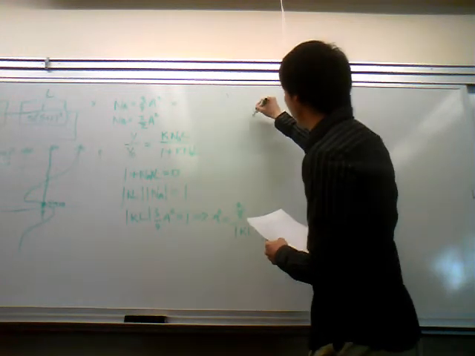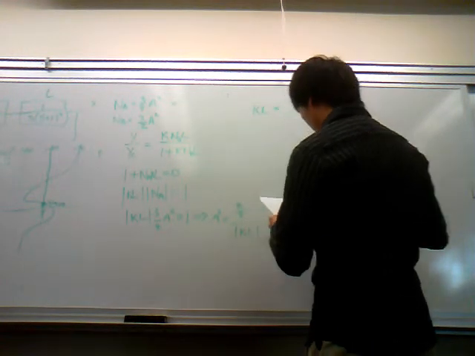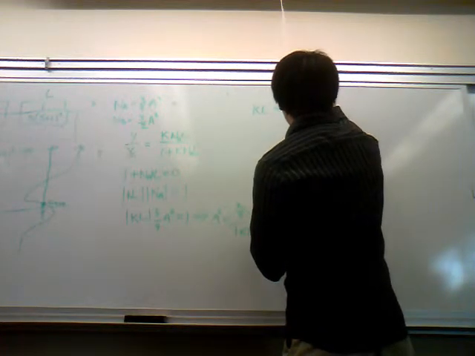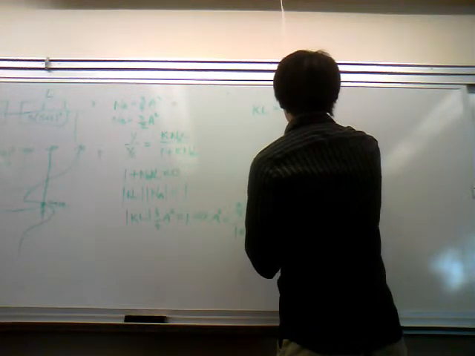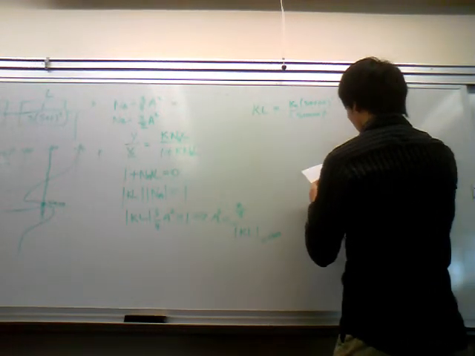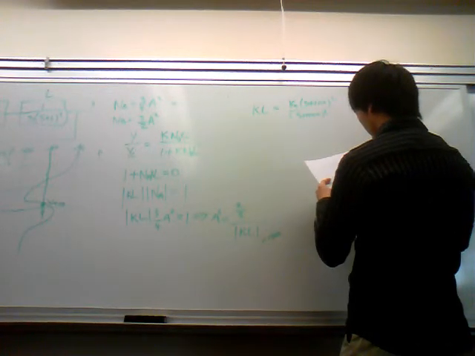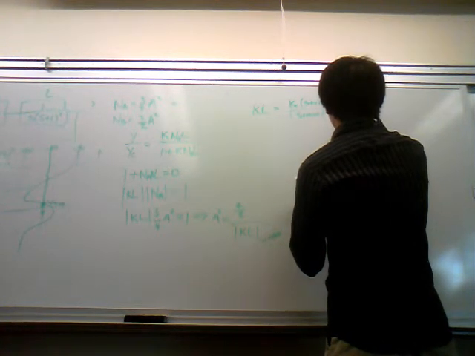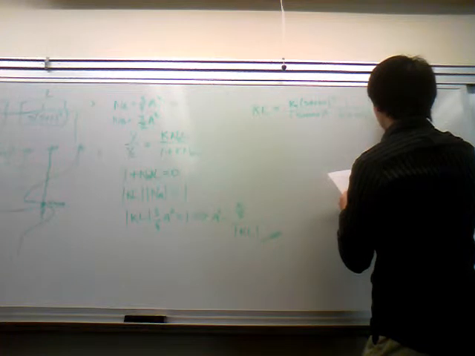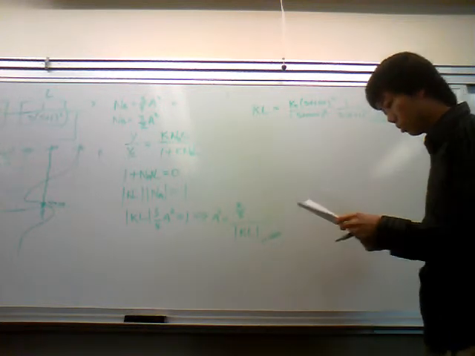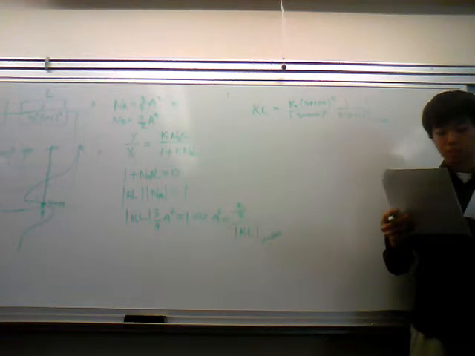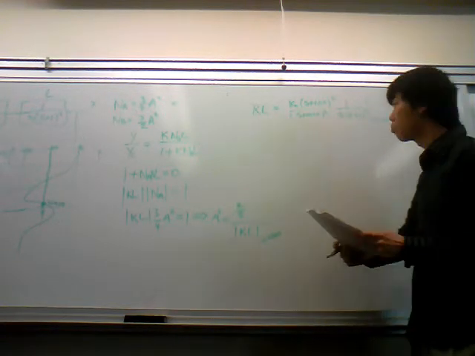So we could say KL is what we had before, times 1 over S plus 1 squared. So here's where Professor Rock says doesn't need exact numbers here, so you can approximate your transfer functions.